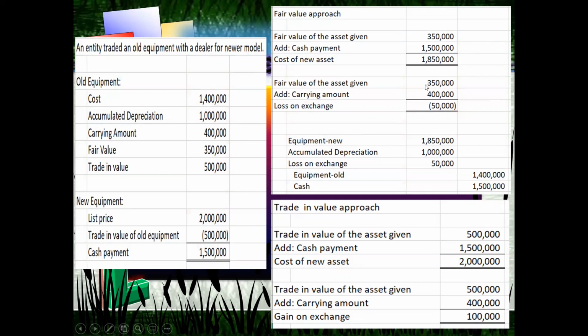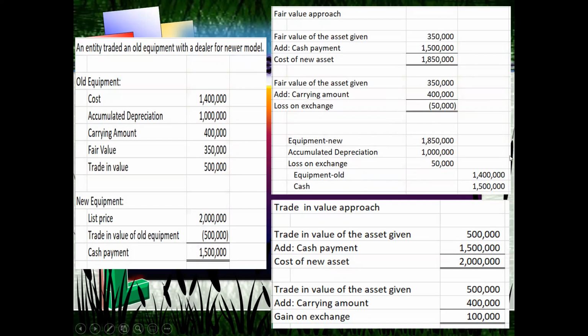Ito siya. So it's a comparison of the fair value of the asset given and the carrying amount of the asset. So that is 50,000 na loss on exchange. So i-debit natin yan. Tapos, of course, you have to credit the cost of your old equipment, which is 1.4 million.